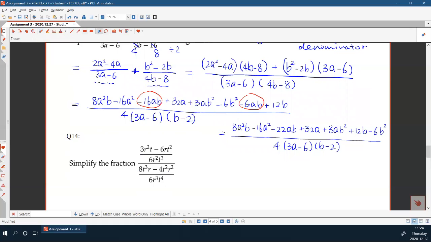That means you can either write it like 4b minus 8. That's okay.